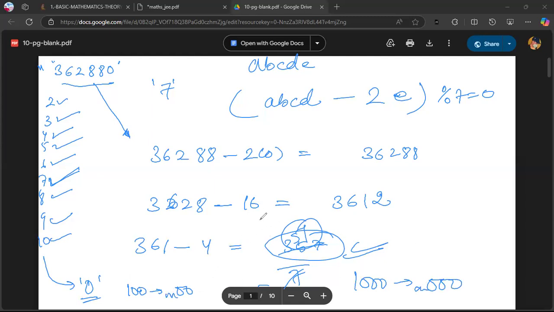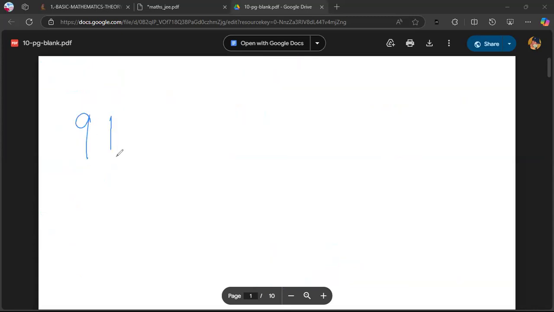Why this number is divisible by all of these, we will understand when we learn about factors. Basically, it is nothing but 9 factorial. 3 factorial is what? 3 into 2 into 1, which is 6. Yes, good.